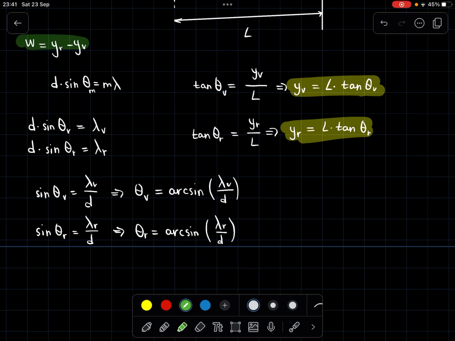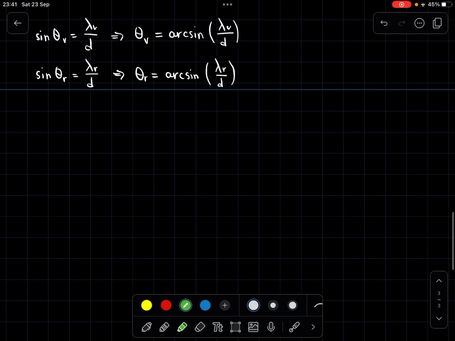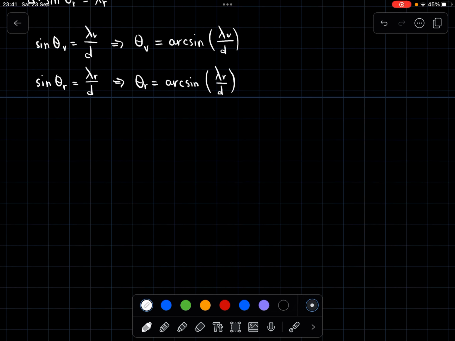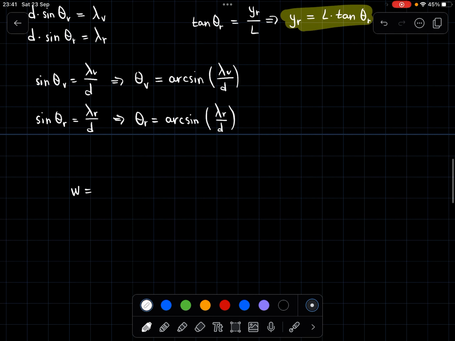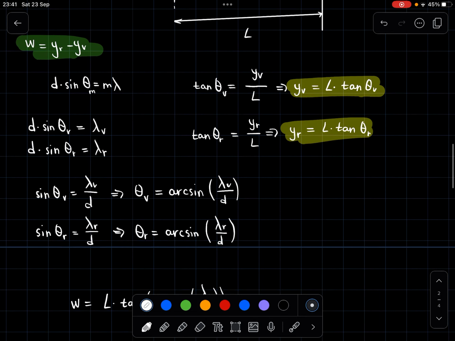My main formula is located here. We are looking for width, so width will be y red minus y violet. Y red is equal to L multiplied by tangent of angle theta red, but theta red is equal to arc sine lambda red divided by d, minus y violet.